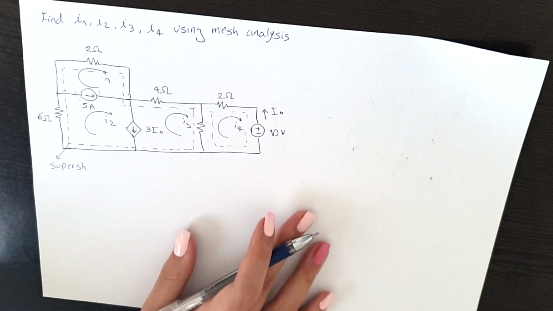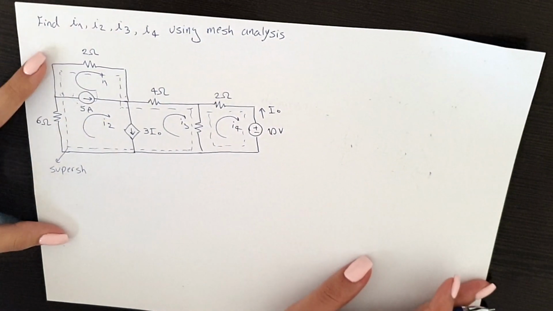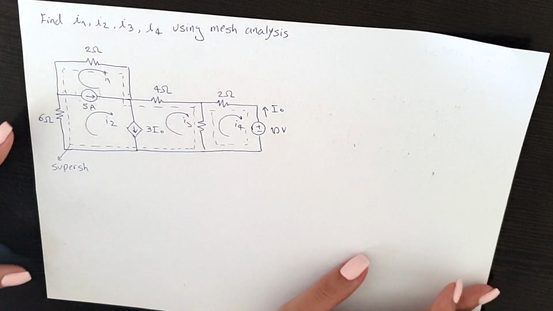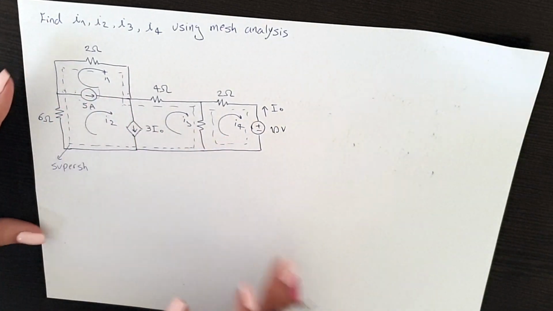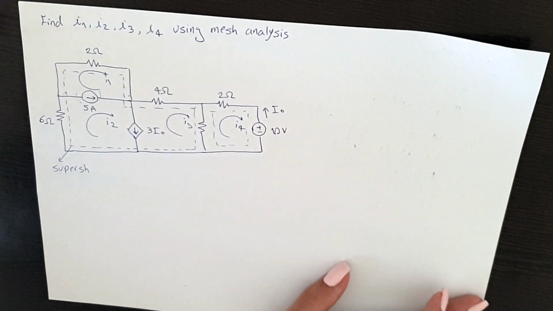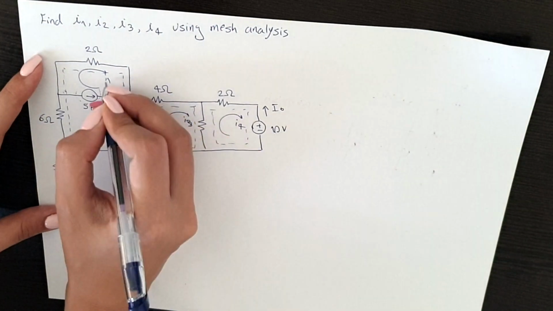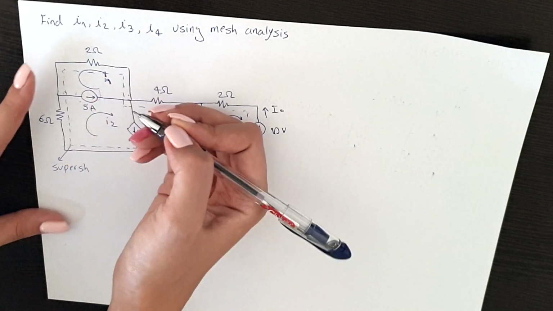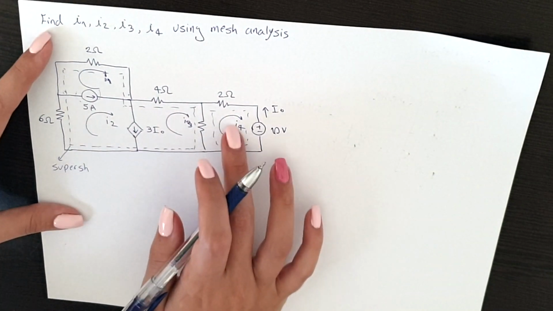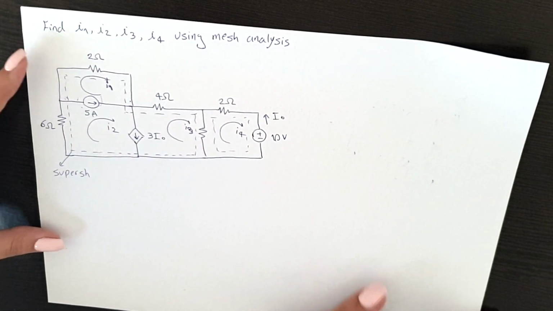As you can see we have 4 different variables that we don't know. But we can only write one equation for our super mesh and one equation for this mesh. So what are we going to do?